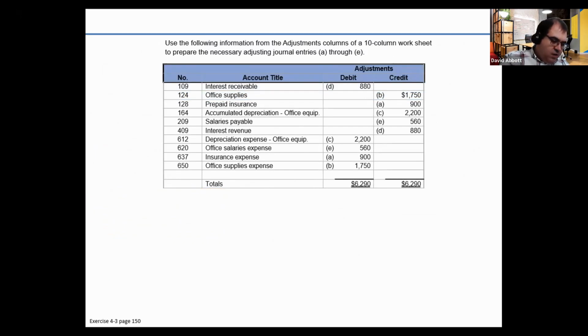Doing the adjusting entries on the worksheet. So we see here it says, use the following information from the adjustments column on a 10-column worksheet to prepare the necessary journal entries. So they're not showing us the entire worksheet, they're just showing us the part that we need. And they already have the adjustments listed.